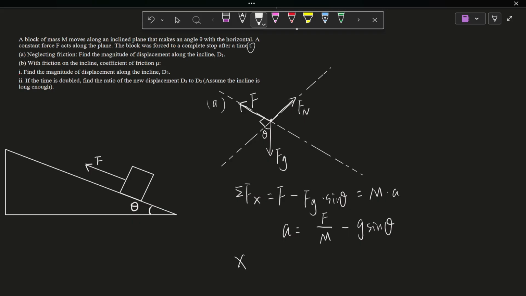So x is equal to v naught t plus half a t squared. Let's assume the block is also at rest initially. Yes, it is at rest at initial state, so x is just equal to half a t squared.